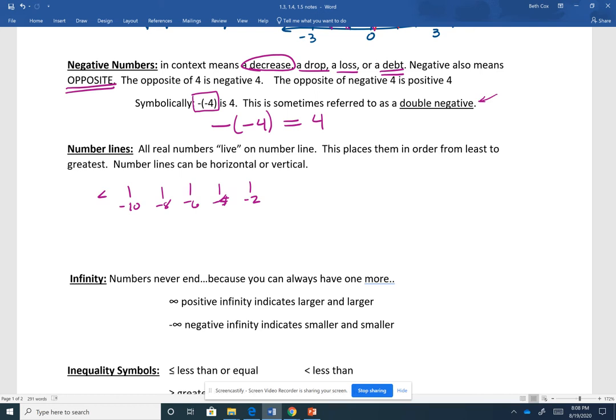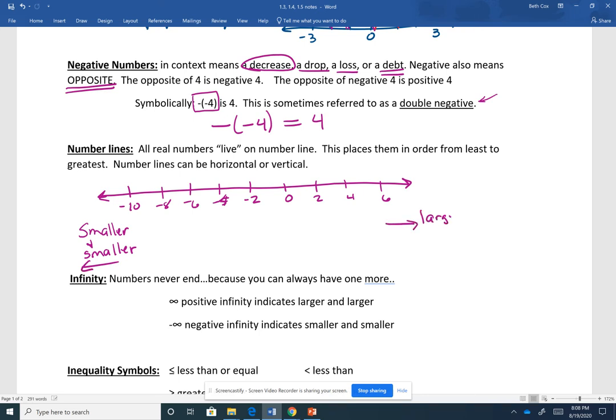And then we keep going: 0, 2, 4, 6. The left is always the small numbers, smaller and smaller as we go this way, and larger as we go this way. All decimals are on there, all numbers are on there, they're in between. All numbers live on the number line.